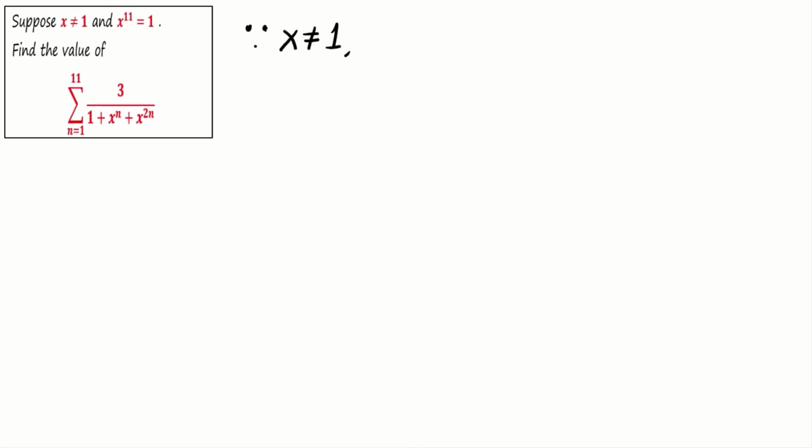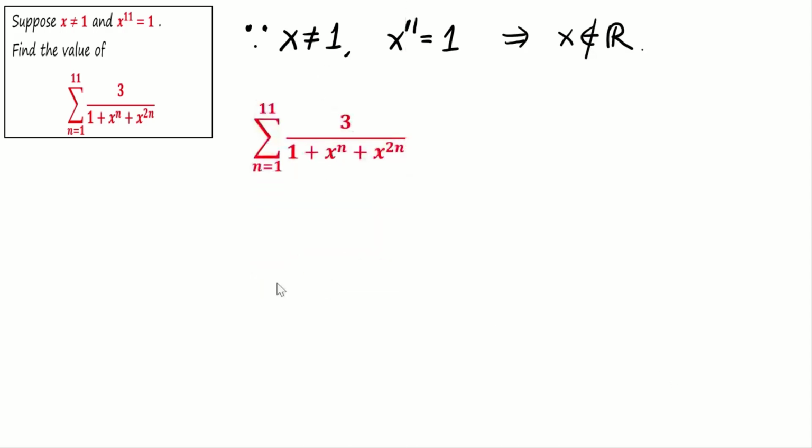Since x not equals 1 and x to the power 11 equals 1, it means that x is not a real number. In order to get this summation, some will ignore the fact that x not equals 1 and think that the answer will be just the same as when x equals 1.